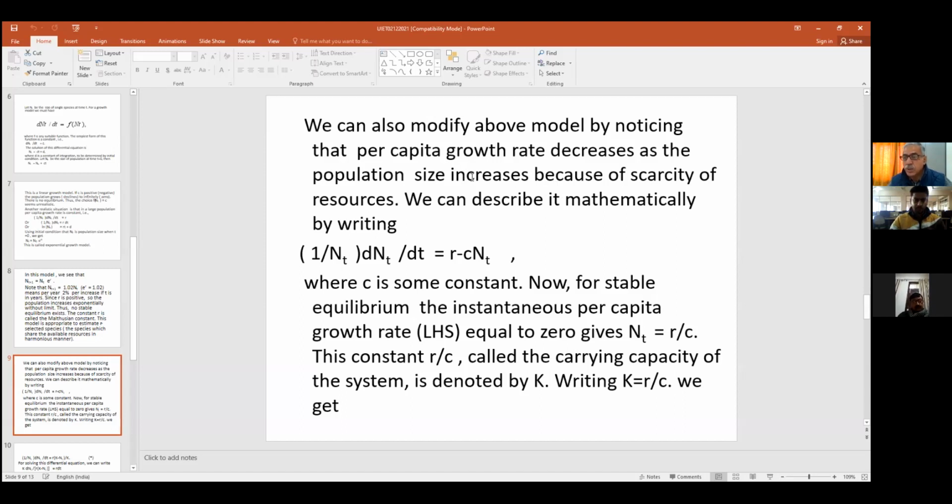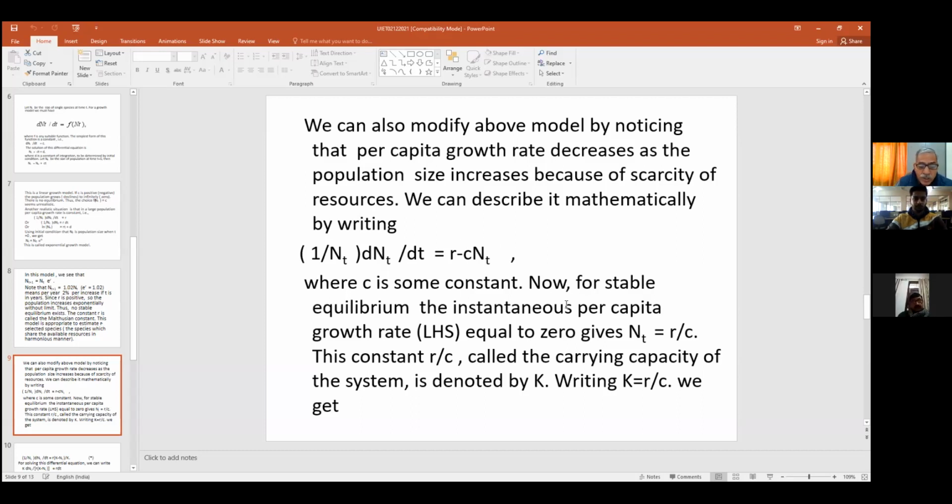You can say human population is increasing and now many people have decided to go for only one child. Some people are saying only two. They know that it is very difficult to survive with a large family size, because our resources are limited, expenses are involved, children's education is there, so they decided. So because resources are limited, we have to rely only on the available resources. So this is a linearly decreasing function of population size.